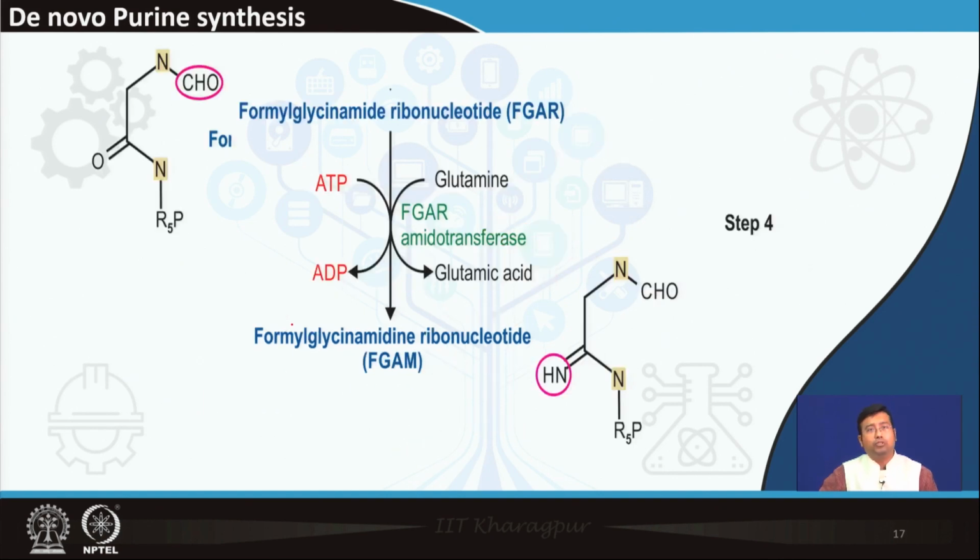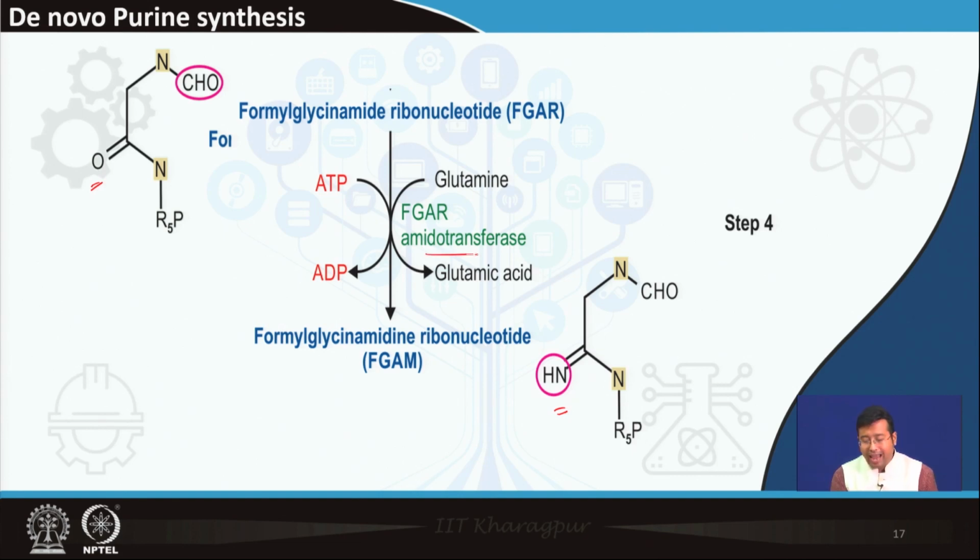This is step 3. Next, what will happen? There is no keto group in purine, right, the basic nucleotide. So, there is an NH group. So, glutamine actually comes in, right, and whenever an NH group is being transferred, the NH group is also referred to as an amide group, right.